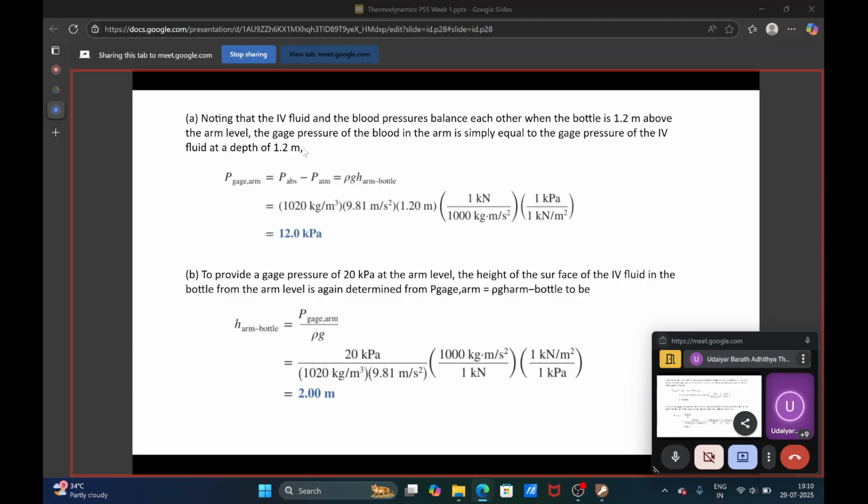At 1.2 meters your pressures are balanced, so there will be no flow of fluid into the blood vessel. For the flow to happen, you have to keep it at 2 meters so that the IV goes inside the blood vessels. If it is any lower, your flow rate will reduce, and at 1.2 there will be no flow because the pressures are equal.